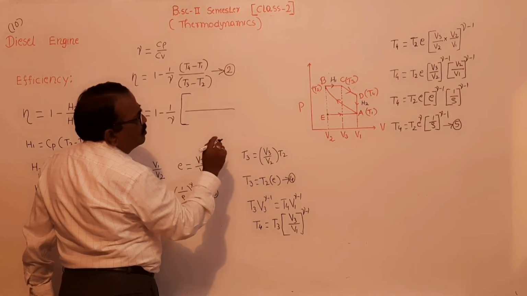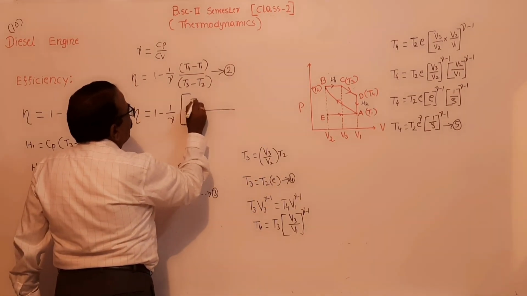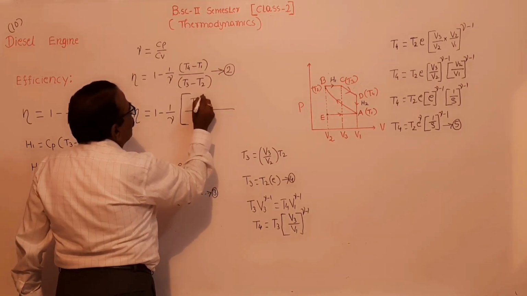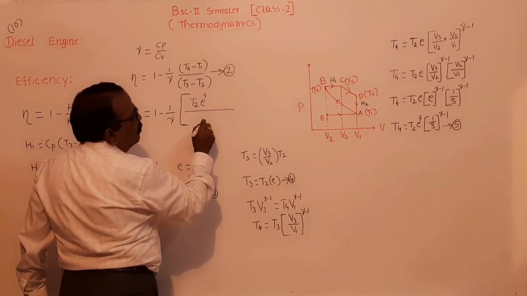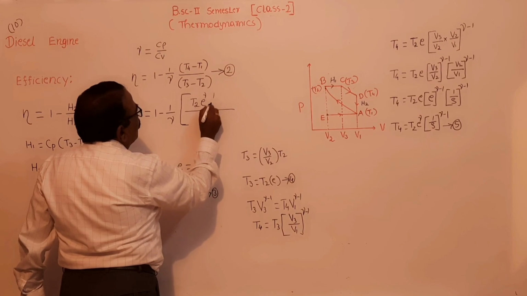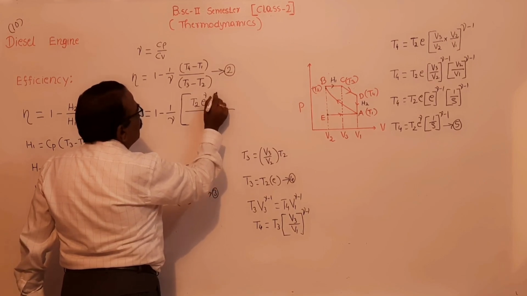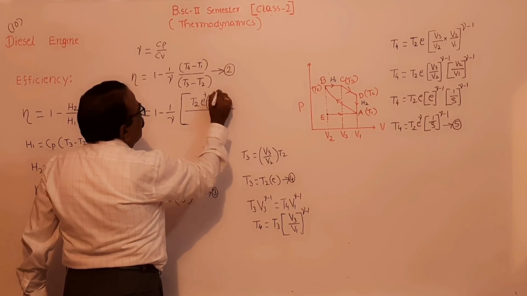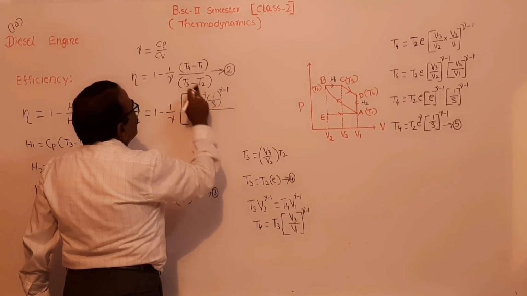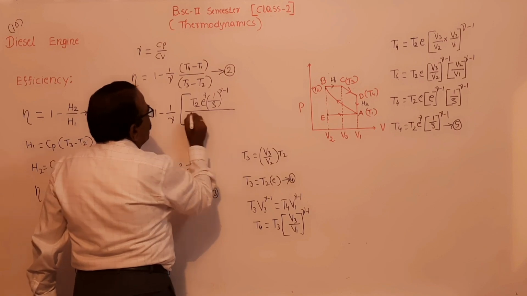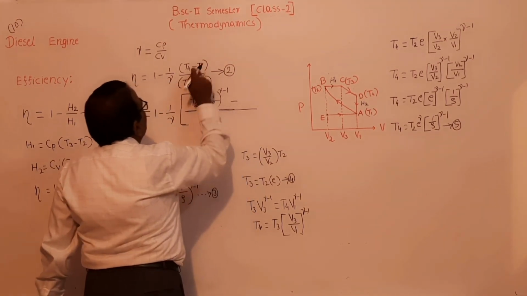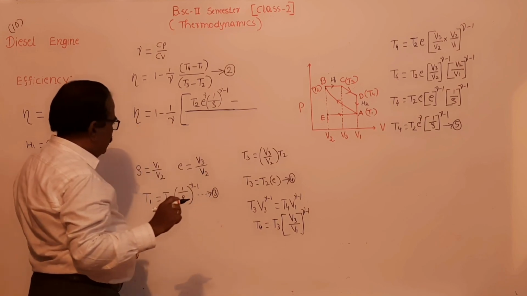T4 is T2 E raised to mu into 1 upon rho to the mu minus 1. This is T4. Then minus T1. Where is T1?